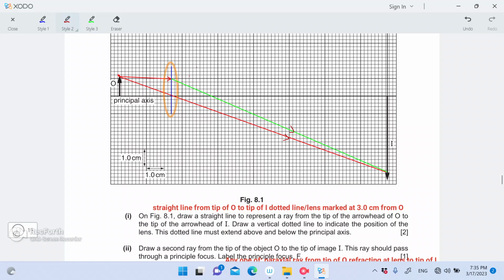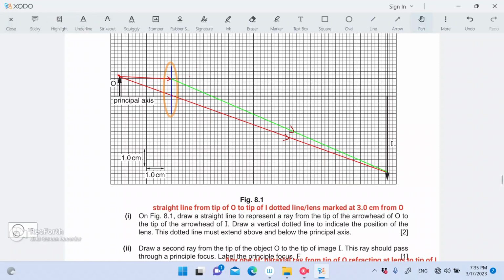You can see the image is very enlarged, right? In my diagram 3, I told you when the object is between 2f and f, the image will be enlarged, inverted and real.